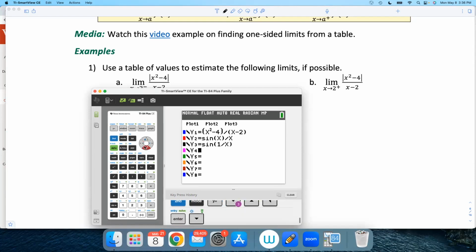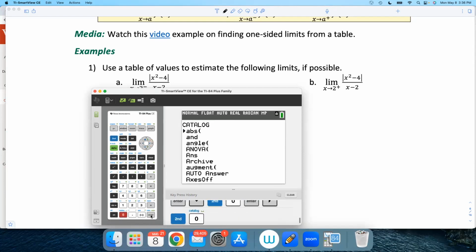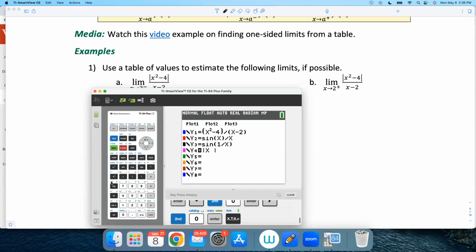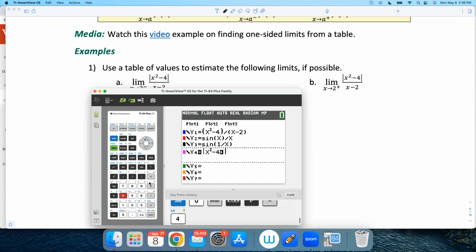To do absolute value, I always find the easiest just to go into catalog. So second, catalog, absolute value. Oh, I wasn't. I was on the equal sign. Sorry. Second, catalog, absolute value of x squared minus 4. Get out of my absolute value divided by x minus 2. And I need parentheses here.